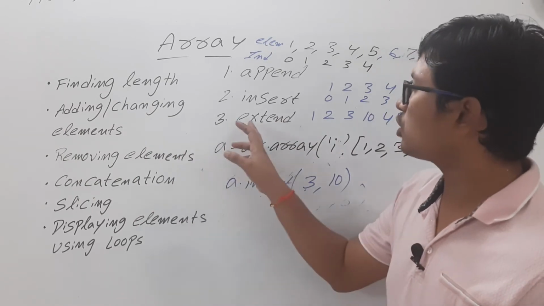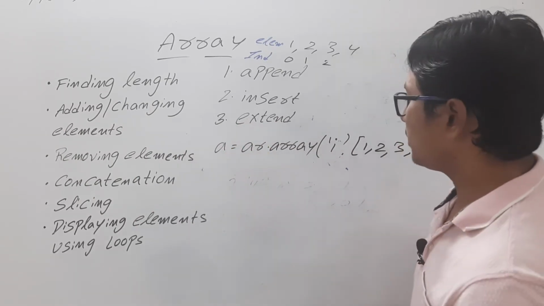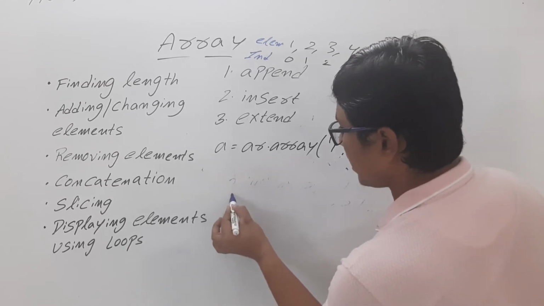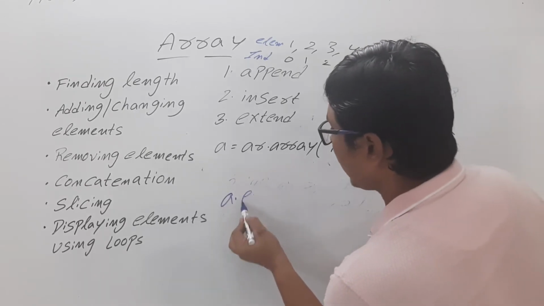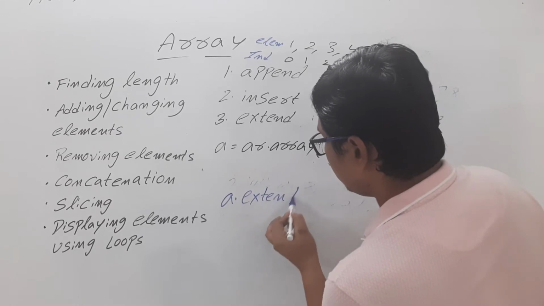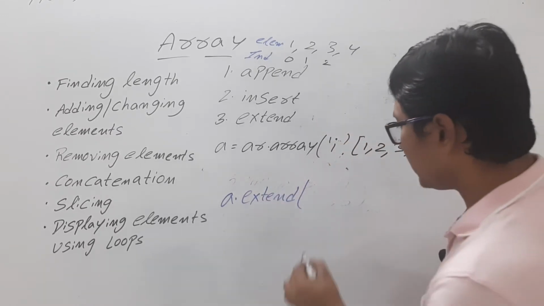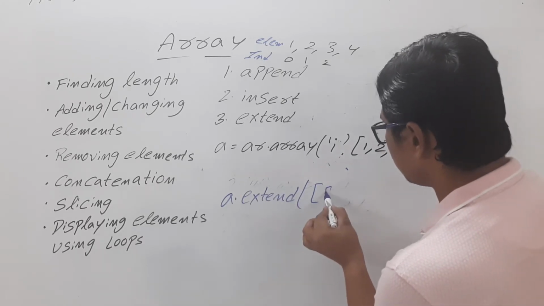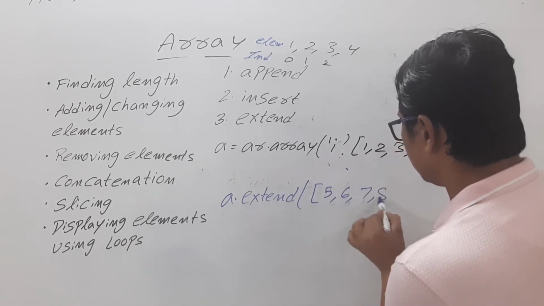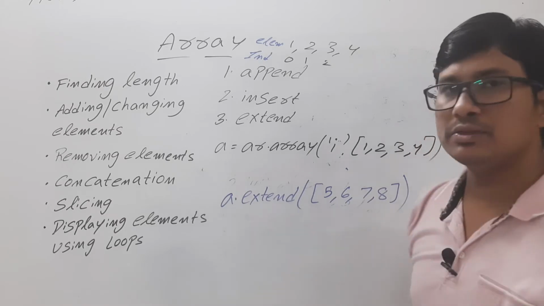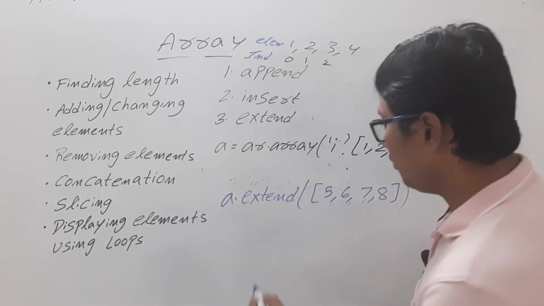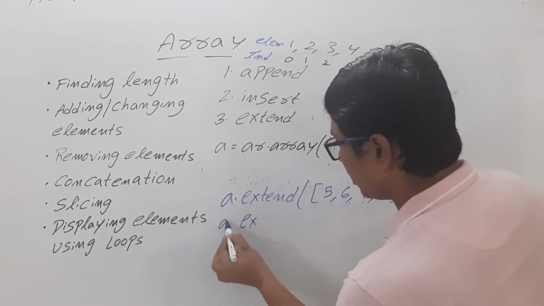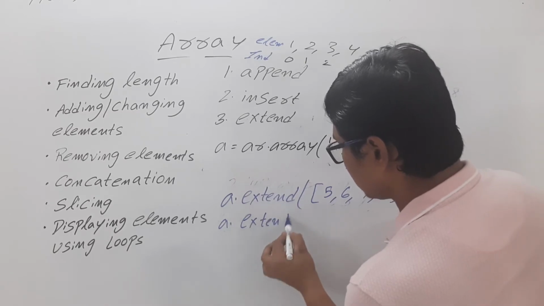Now let me discuss how you can use extend. Now look here. I can write the array name dot extend. Then remember one thing, you need to write the brackets, and then the elements you want to insert: 5, 6, 7, 8. Those elements you can write. And remember, a dot extend is the function.